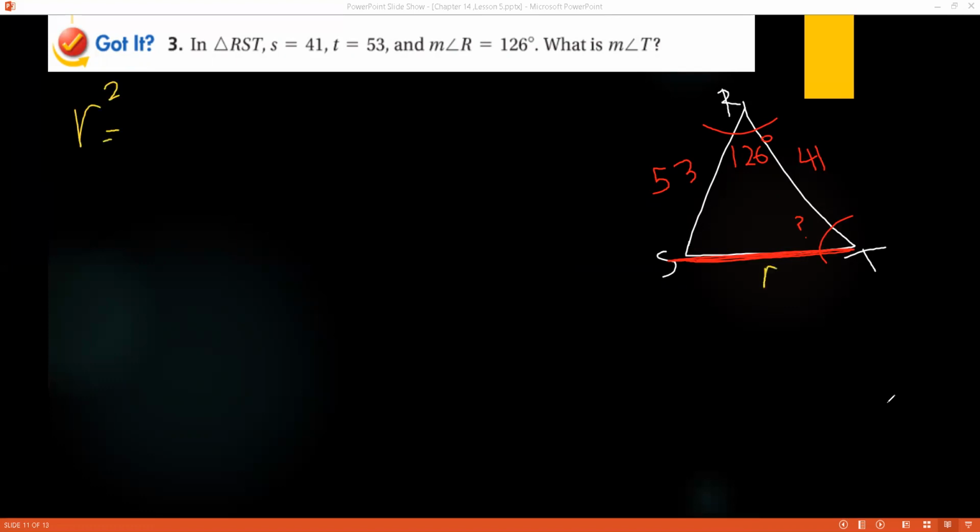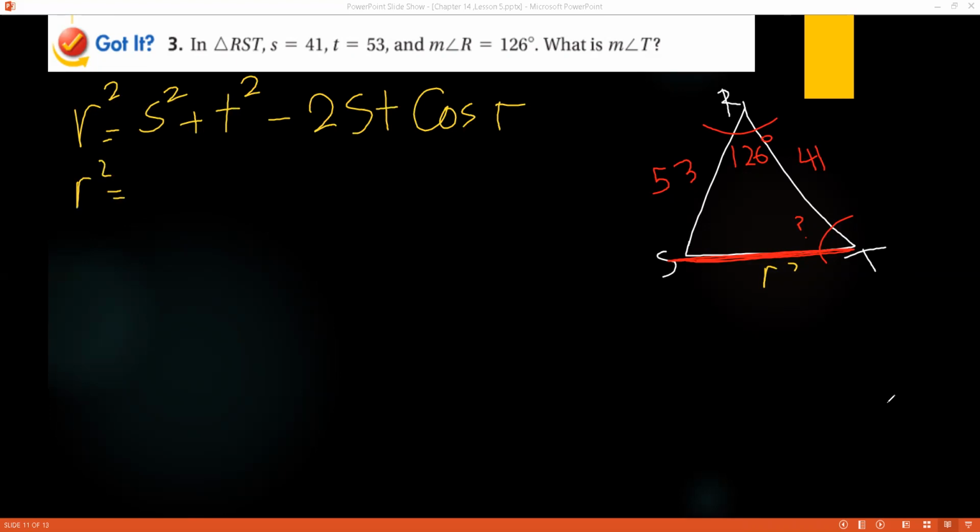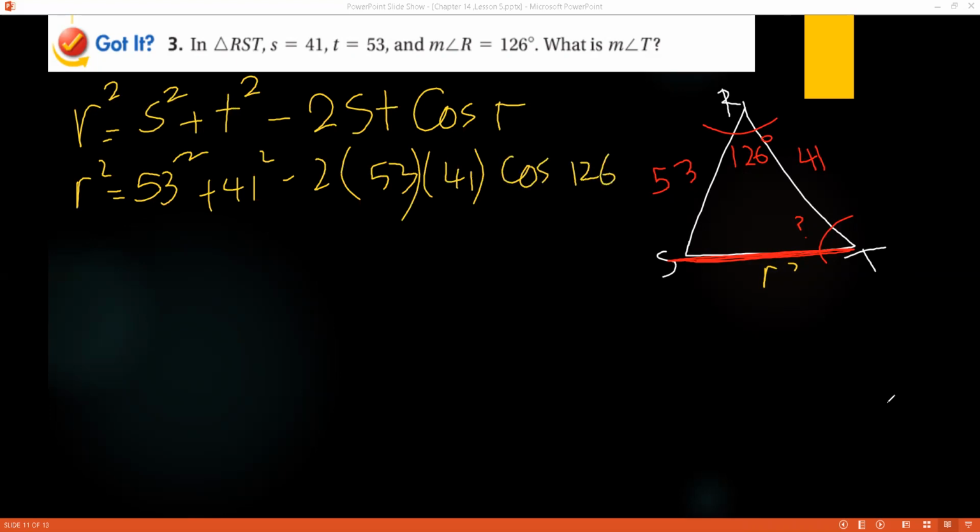So R squared will be S squared plus T squared minus 2ST cosine, the letter that I start with, which is R. So R squared will be 53 squared plus 41 squared minus 2 times 53 times 41 times cosine 126 degrees.